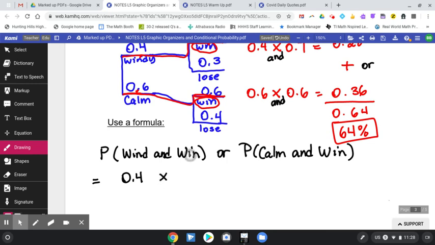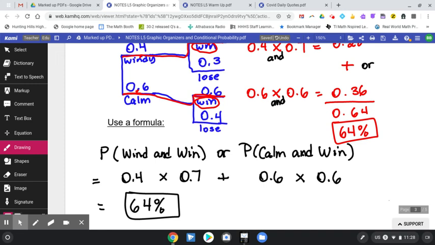Probability of winning when it's windy is 0.7. Or means add. Probability that it's calm, 0.6, and means multiply. Probability that they win when it's calm is 0.6. And we end up still with the same answer, 64% probability that they win.